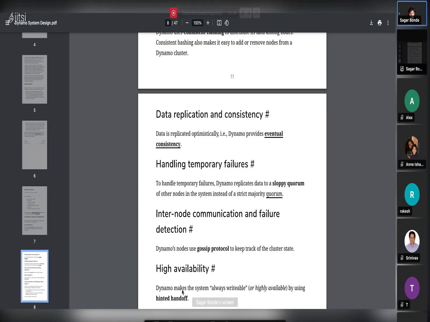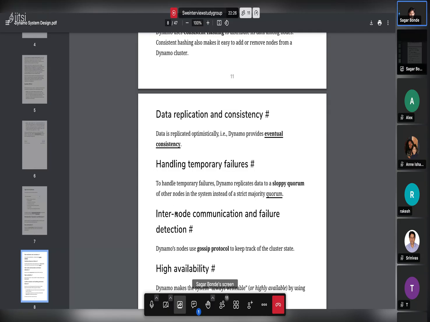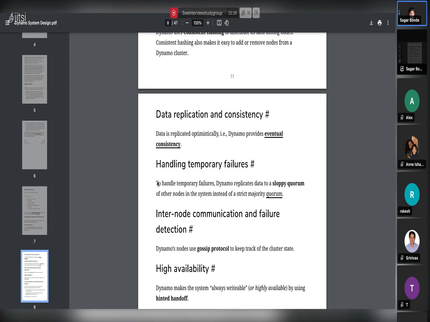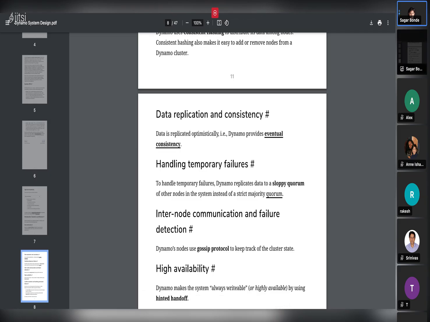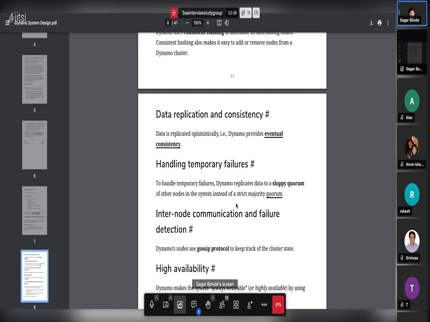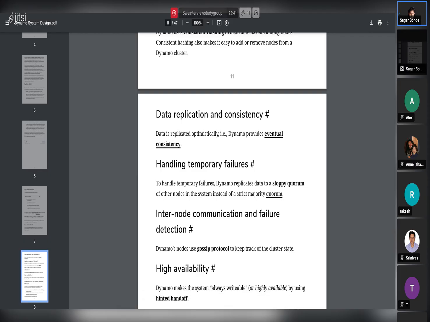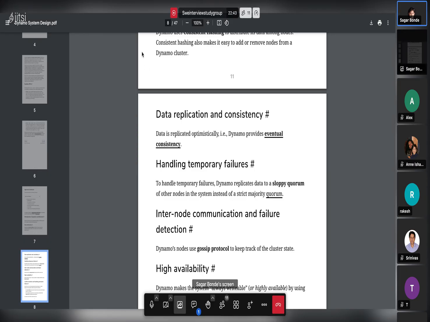With a sloppy quorum, it doesn't require all replicas to respond. Even if a few of the replicas respond, it will serve the read request. In a strict majority quorum, each one of the replicas needs to respond. They explained it very well in the following sections.